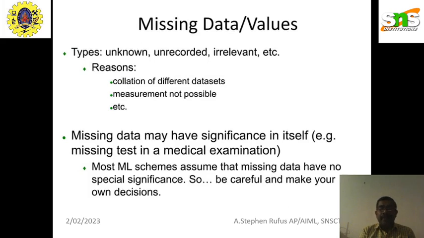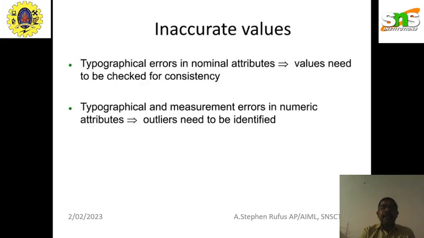But later we are going to discuss overfitting and underfitting. There we can easily justify whether we are missing that data or not. And then most ML schemes assume that the missing data have no special significance. So be careful, and we have to make our own decision when we collect the data. And then the next one is called inaccurate values.